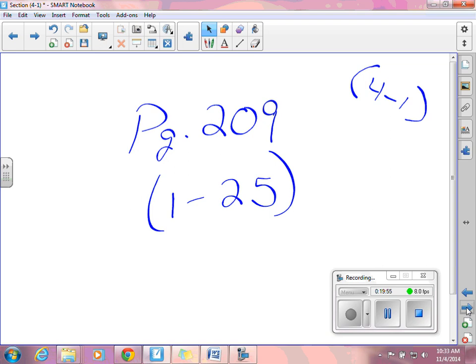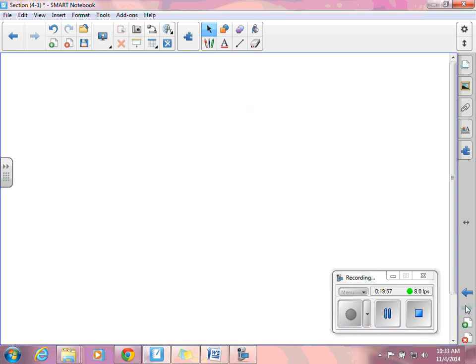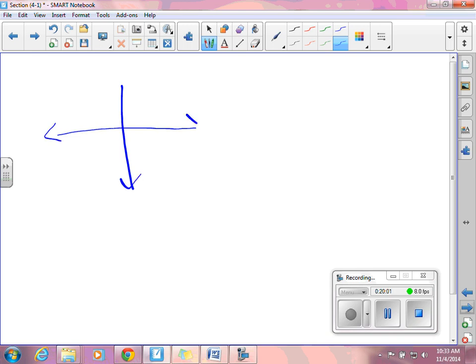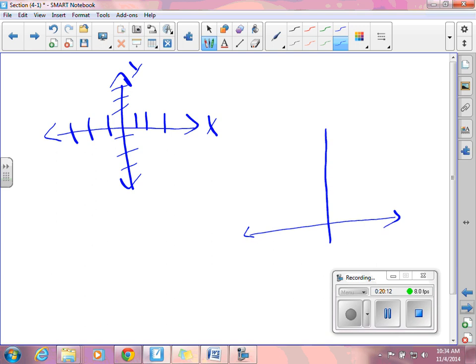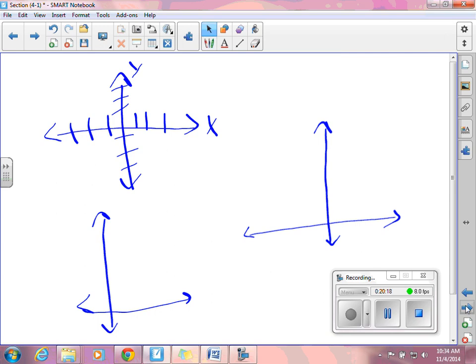Sometimes your axes look better like this. Sometimes they look like this. So don't get too used to just putting the intersection right in the middle of your paper. Don't do that. And of course you label them. I'm being lazy right now. I'm putting my axes. Make sure you do this. Make sure you label it with X and Y's. Make sure you put hash marks. All right.